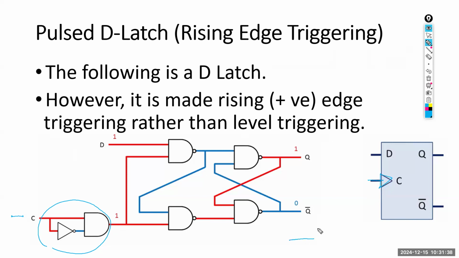This is high level triggering. This is low level triggering. This is positive edge triggering. Edge means these edges or pulses; it's getting triggered.